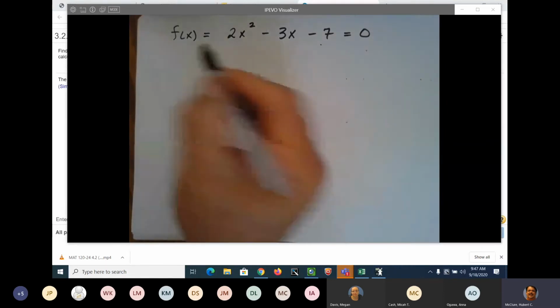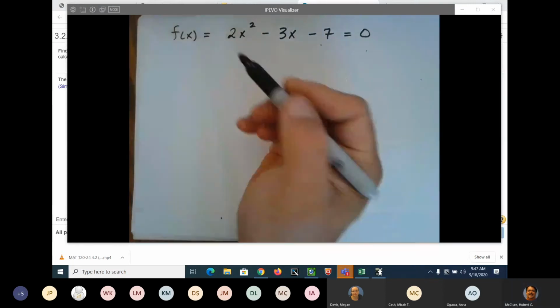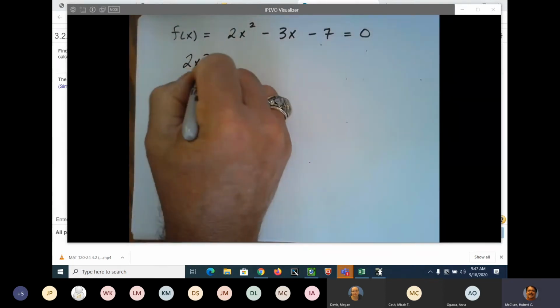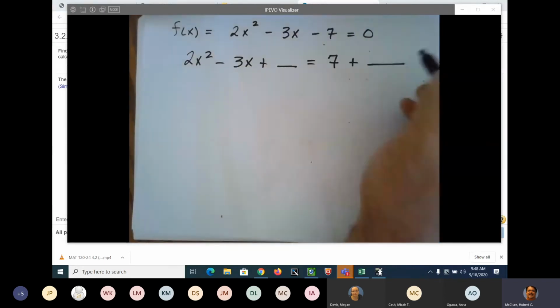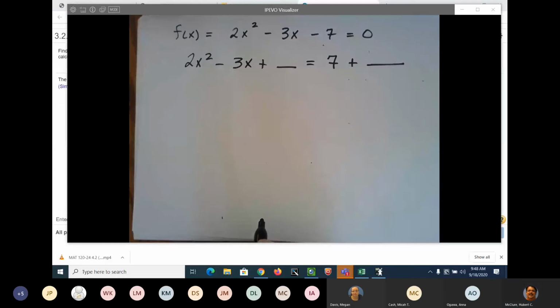Go ahead and set it up. We may not get through the whole problem, but at least we'll get to where we can solve it and find the vertex.